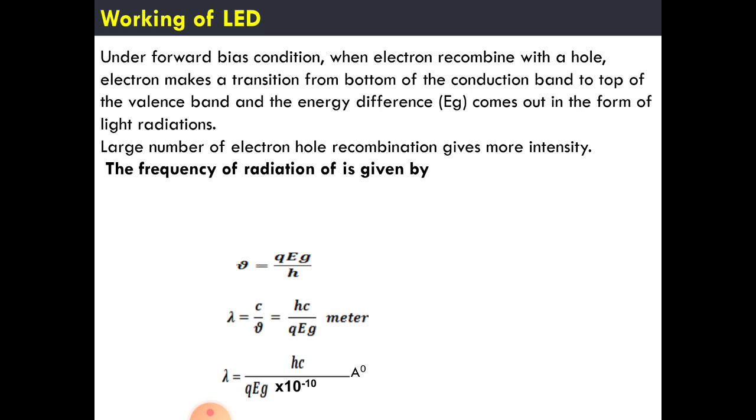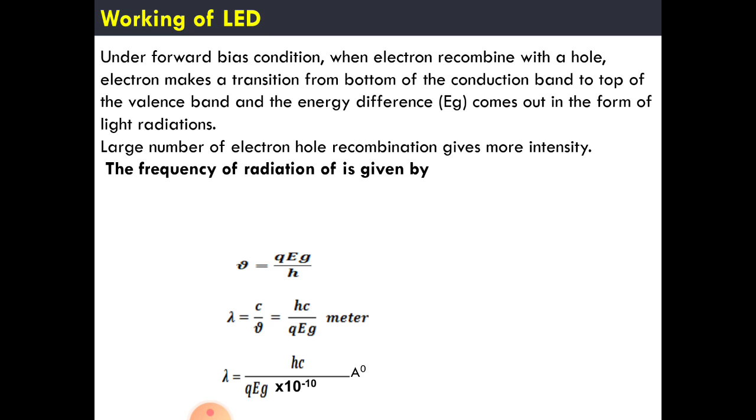Working of LED. Under forward bias condition, when an electron recombines with a hole, the electron makes a transition from the bottom of the conduction band to the top of the valence band, and the energy difference Eg comes out in the form of light radiation. A large number of electron hole recombinations gives more intensity.